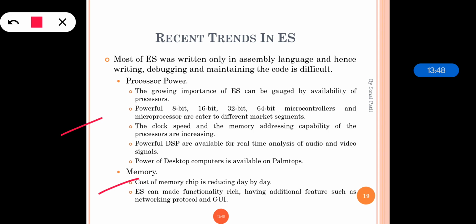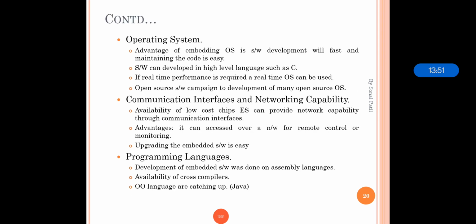Then the operating system. Unlike the desktop, on which the options for an operating system are limited, the main advantage of embedding an operating system is that software development is very fast and maintenance of code is very easy. Then the communication interfaces and network capability.